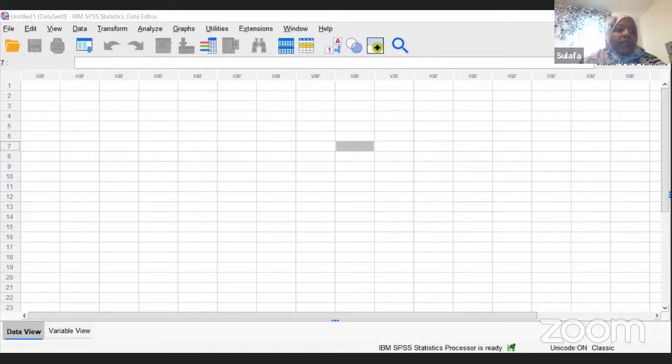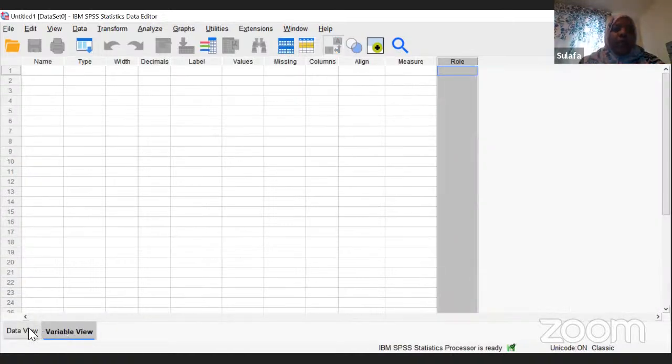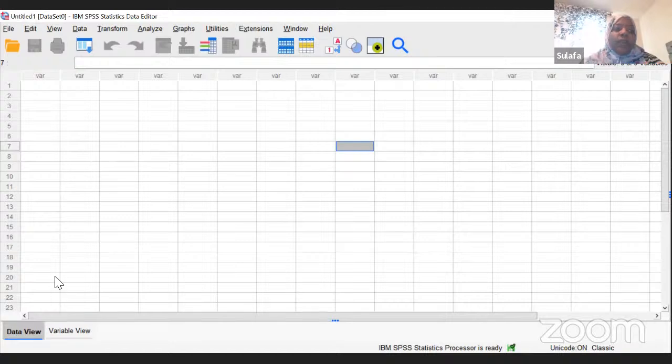So we have this screen, which is called data view, and we have variable view. Both look similar when they are empty, but when you start entering your data, it will look different. You can add your data either manually, or you can import it if you have it ready: XLX, XLS or XLSX, and also if you have a comma delimited file, CSV, you can also import it.